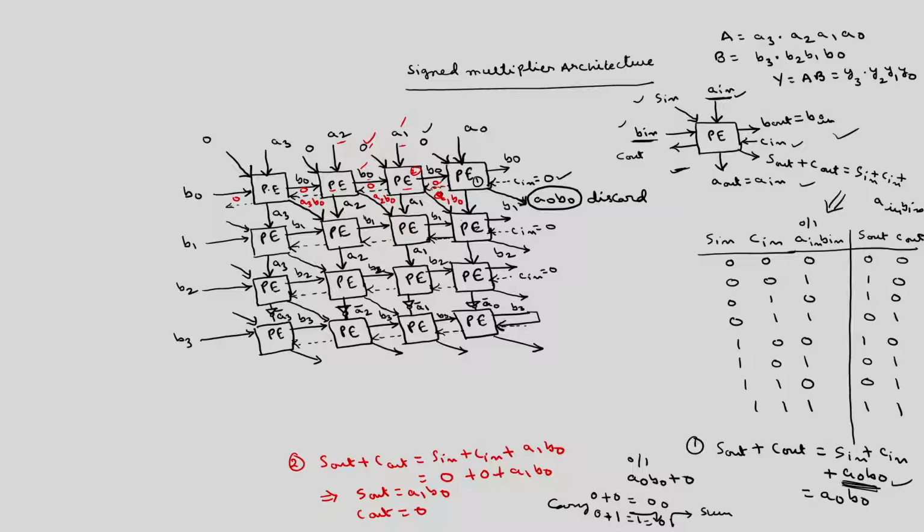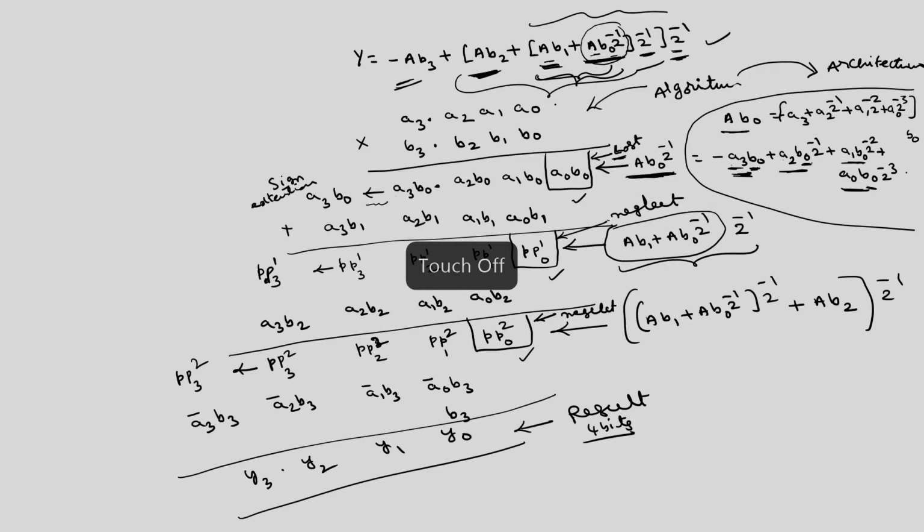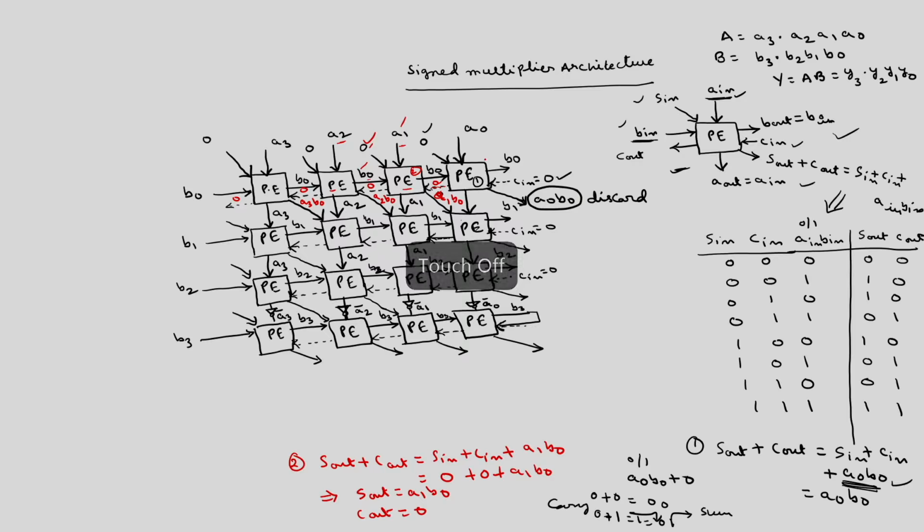In that, A0, B0 I have discarded. So the first row A0, B0, A1, B0, A2, B0, A3, B0 I have generated using the first 4 processing elements. In that, A0, B0 is discarded.